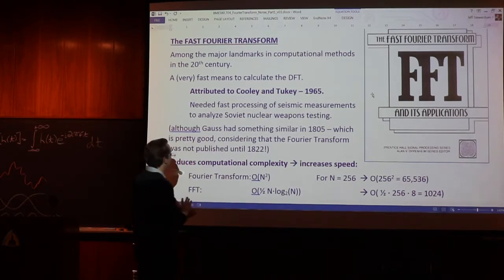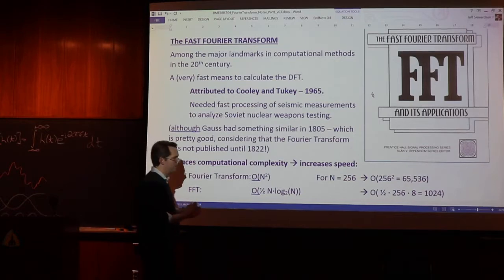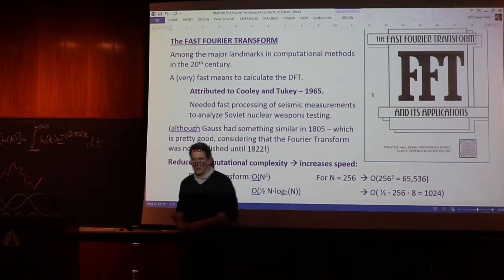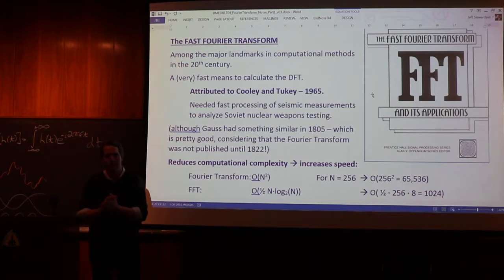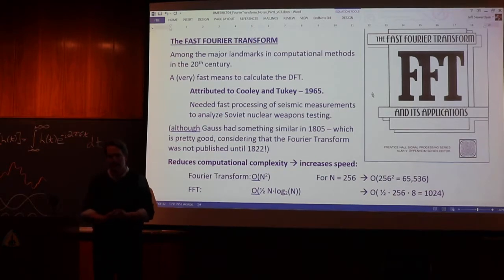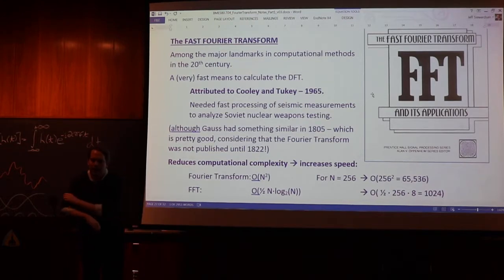So there's kind of a nice quote that says, when you speed things up orders of magnitude, the world will beat a path to your door finding applications for it. And that was really the case in 1965. It was a defense project. And basically what the United States wanted to do was be able to detect very accurately when the Soviet Union was testing nuclear weapons. And the way you do that is with seismographs, right? You have sensors in the ground and you detect vibrations.